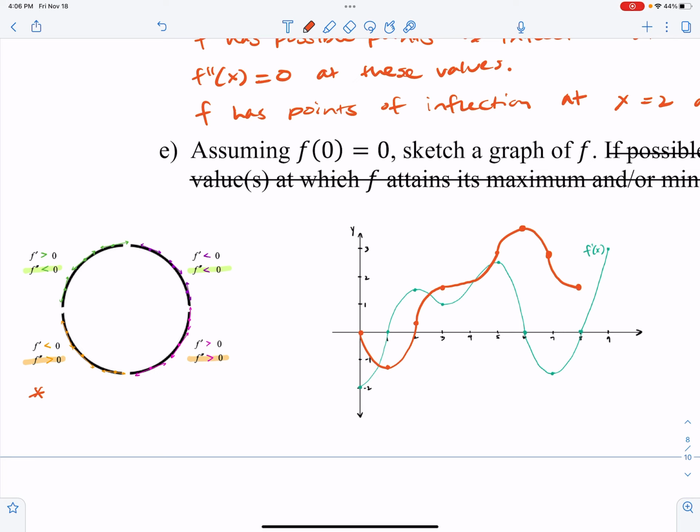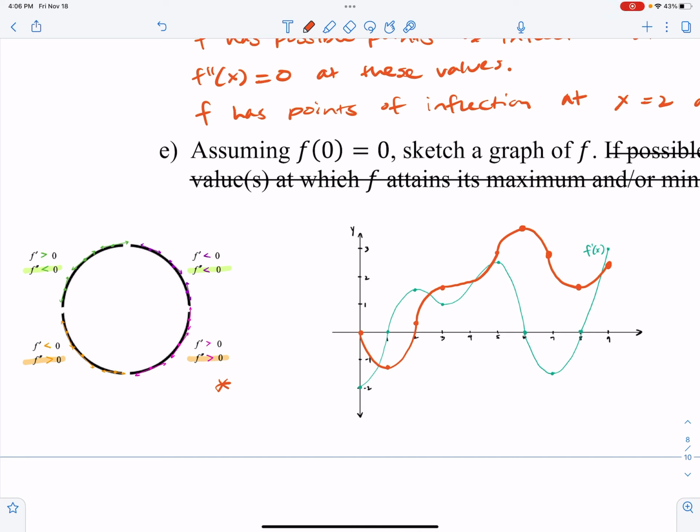And then 8 to 9, the last subinterval there, f prime would be positive and increasing. So f double prime would also be positive. It'll be this bottom right corner. So it'll curve upwards. And again, I don't know where that point would be when x is equal to 9.